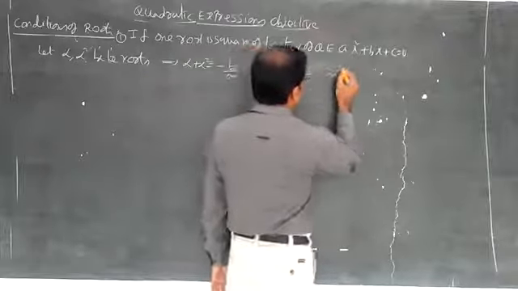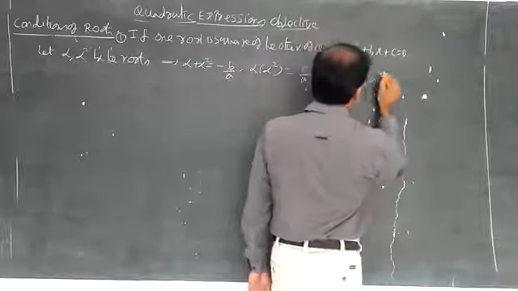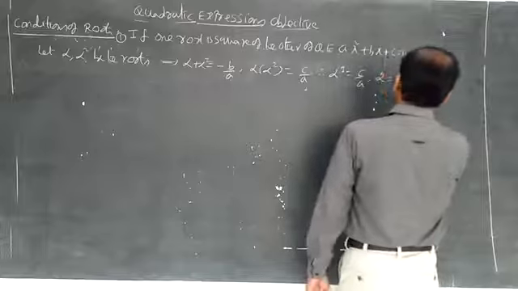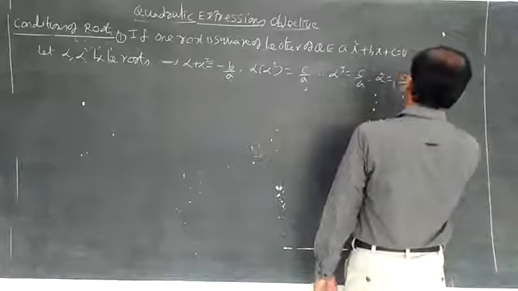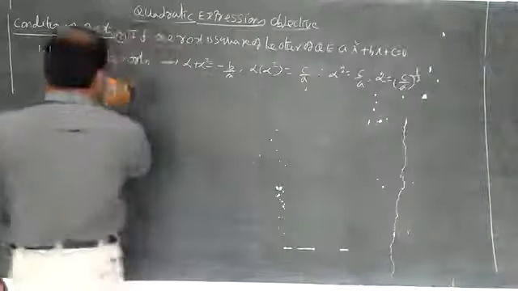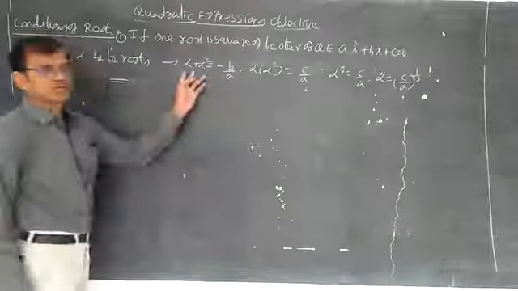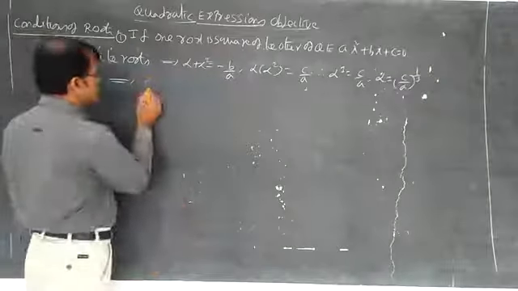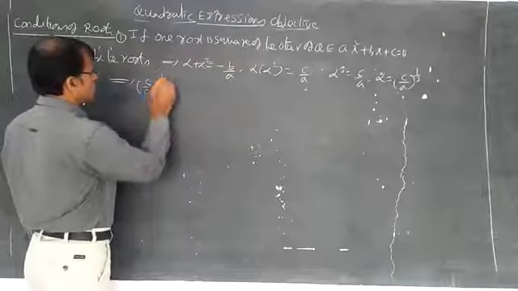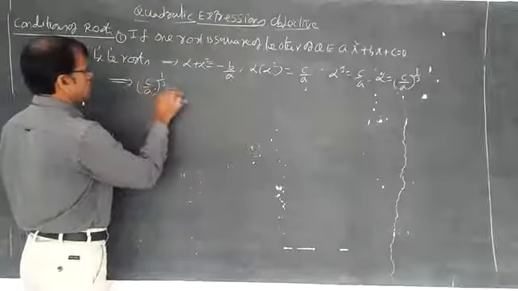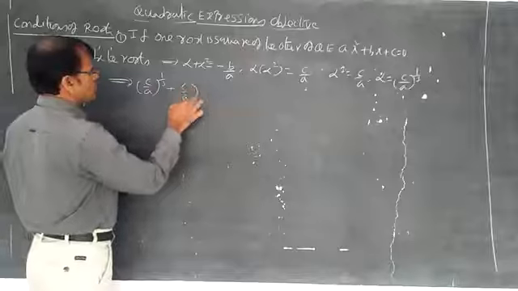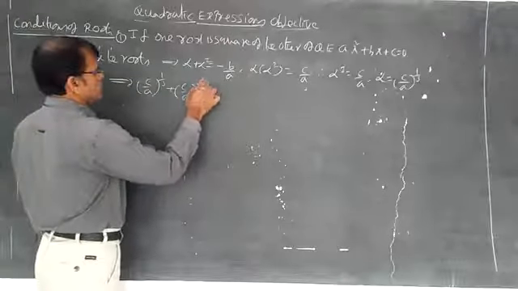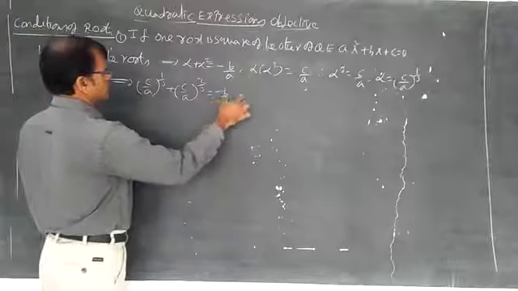Therefore, you can write here alpha cube is equal to c by a, so alpha is equal to c by a whole power 1/3. Substitute the alpha value instead of alpha and alpha square: c by a whole power 1/3 plus c by a whole power 2/3 is equal to minus b by a.